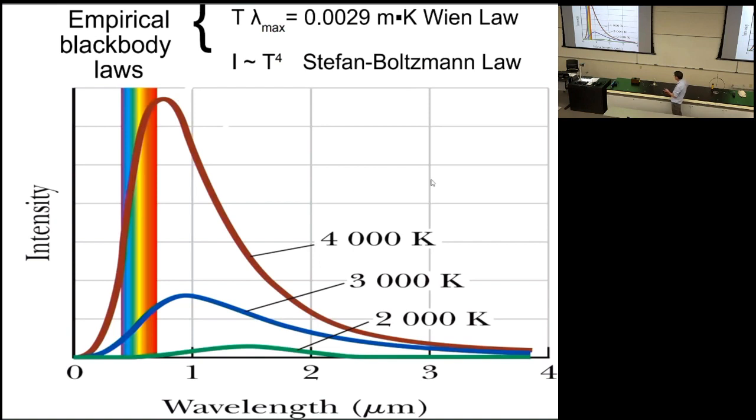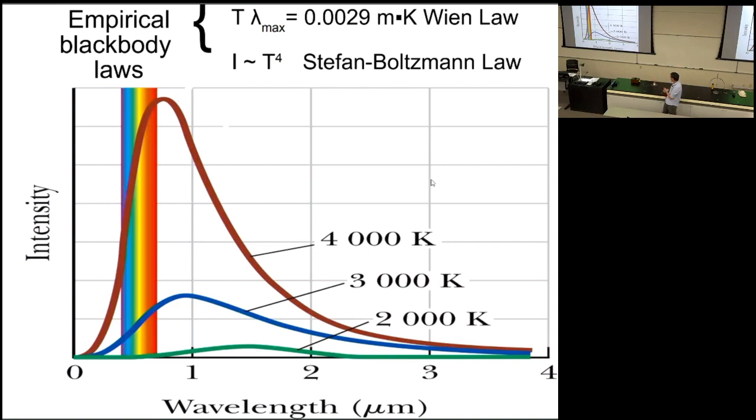And here in green, blue, and brown are three theoretical black body spectrums for three different temperatures. So remember, what was the sun at? 5,200 Celsius. These three graphs are for somewhat cooler temperatures, a bit cooler than the sun.